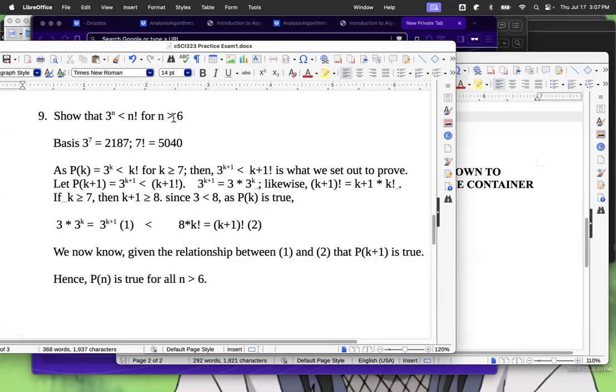So now imagine that we have 3 to the n and n factorial. Given the constant, do we know at what point our n naught begins? Well, if n naught is an integer, then our n naught begins with 7. So for 7, that would be our n naught.